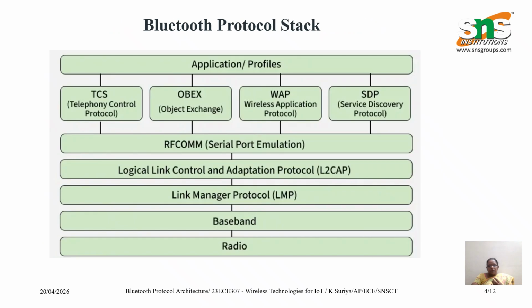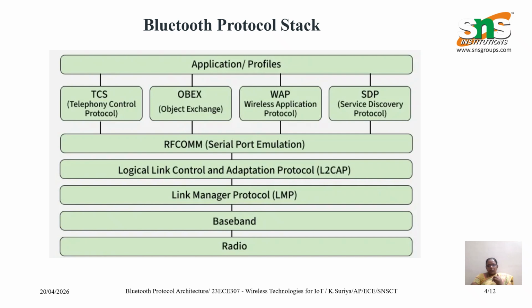Next we'll see about the protocol stack. It consists of the radio baseband, then link manager protocol, then logical link control and adaptation protocol, and RFCOMM, and TCS, OBEX, WAP, SDP, and finally the application or profiles. Let us see each one by one.